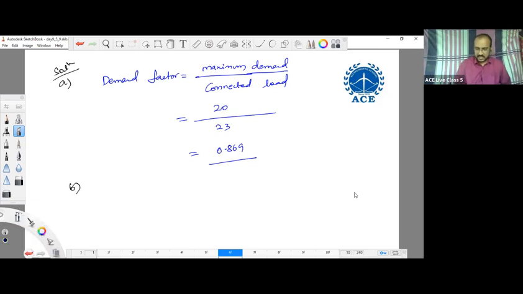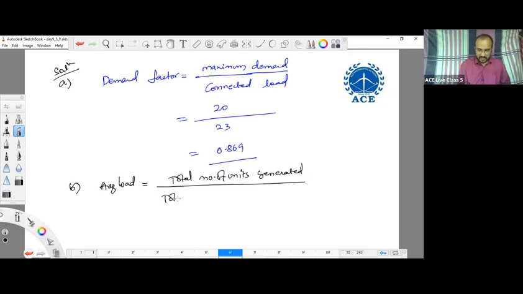In the second question, what is asked to calculate? Average load. So how do you calculate the average load? Average load is nothing but total number of units generated over the specified duration. The total number of units generated given is 61.5 into 10 power 6.